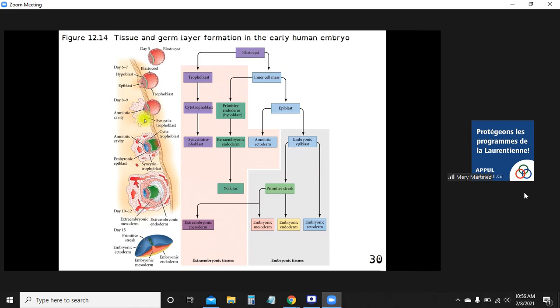We have the syncytial trophoblast, okay, that ingresses into the uterus tissue to form what will become the chorion. So that's the syncytial trophoblast, okay? And this comes from the villi of the egg. And then later on, we see how it is completely immersed.